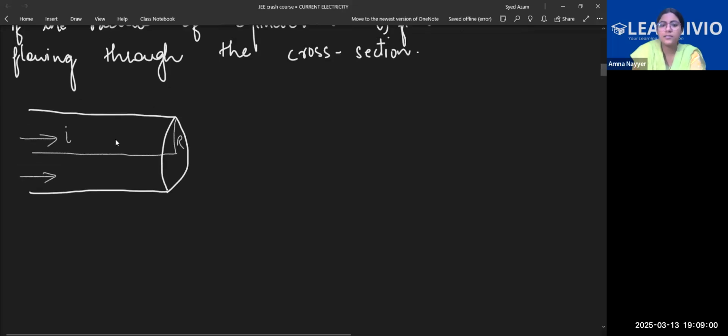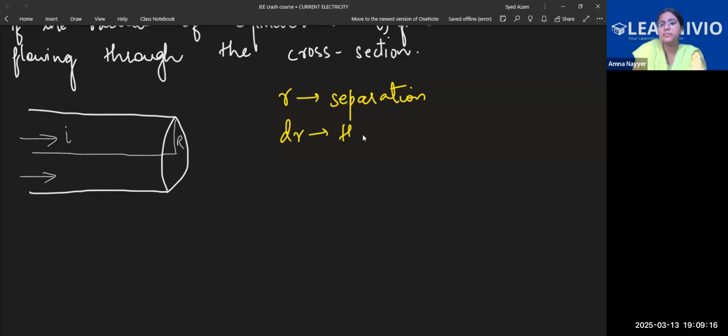In this question, this is the figure which is given. Let us see the separation from the center is some r, and let's say dr is some thickness. Now, what was the formula?